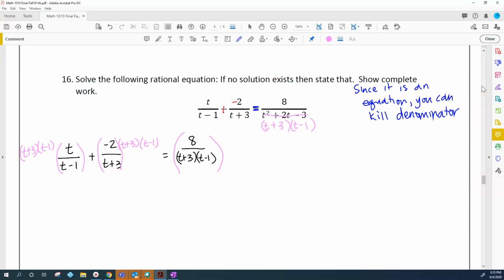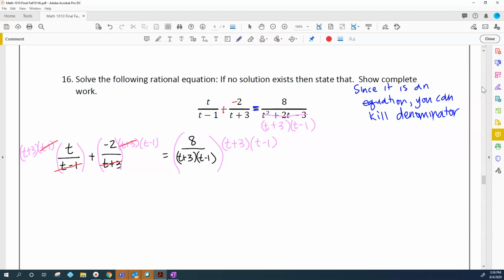Some of you have taken shortcuts on this, and as long as you understand why the shortcut works, that's totally fine to do. But what I want you to see here is we're killing the denominator. In my first fraction, I've got a t minus 1 on the bottom. That's going to cancel out with that t minus 1 on the top. In the second fraction, I've got a t plus 3 on the bottom. That will cancel out with that t plus 3 on the top.